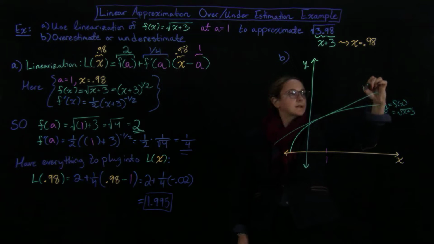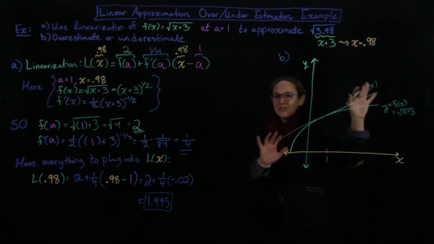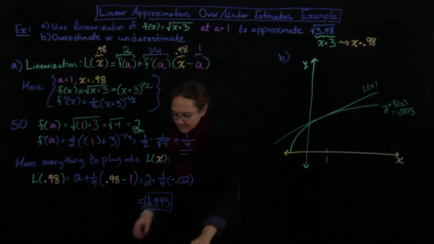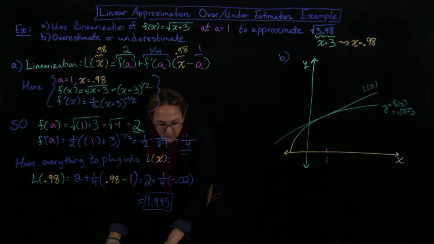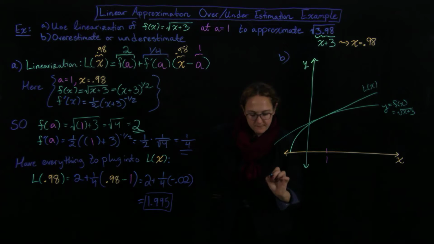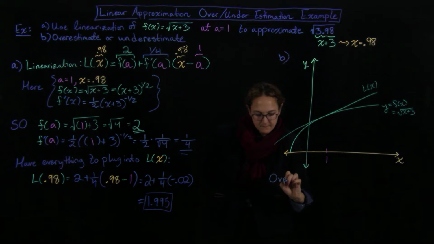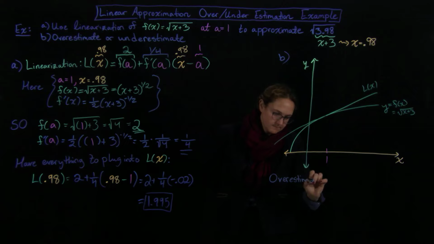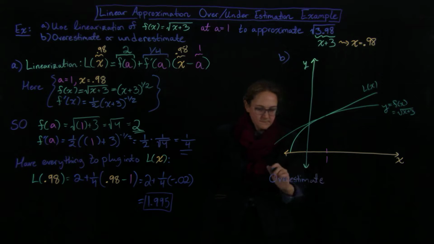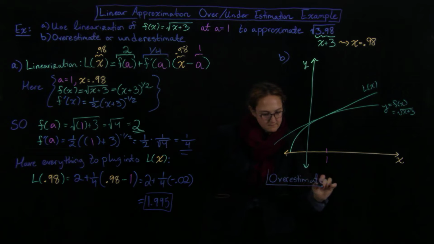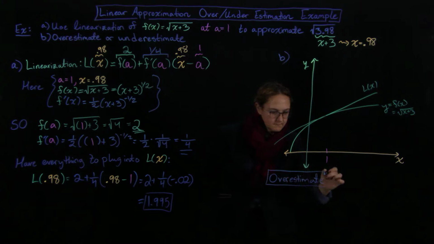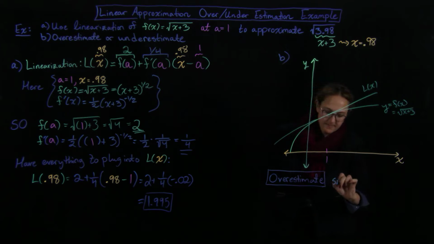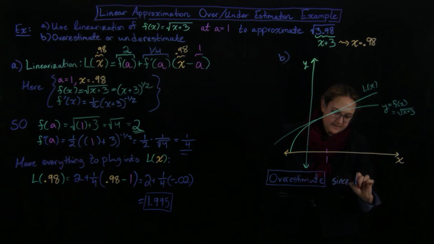But remember, I'm using the linearization to compute it, and because it's above it, it's an overestimate. So we're getting an overestimate, since the tangent line is above the curve.